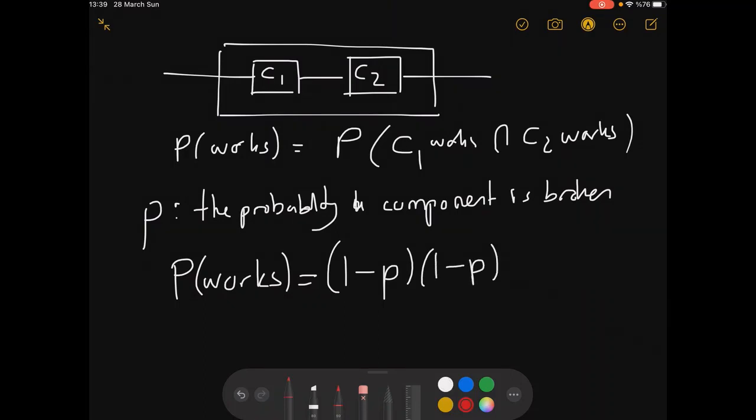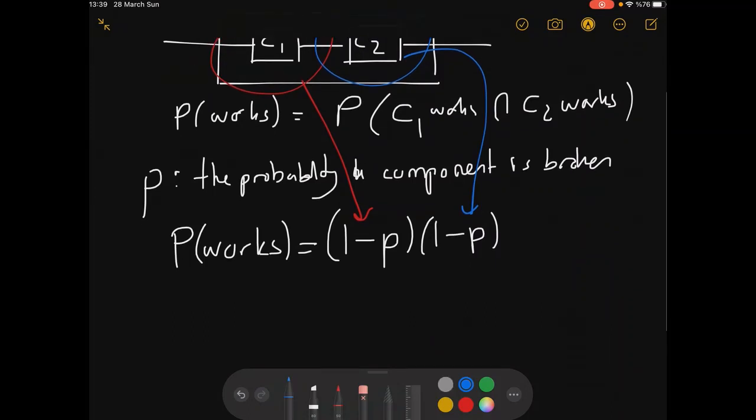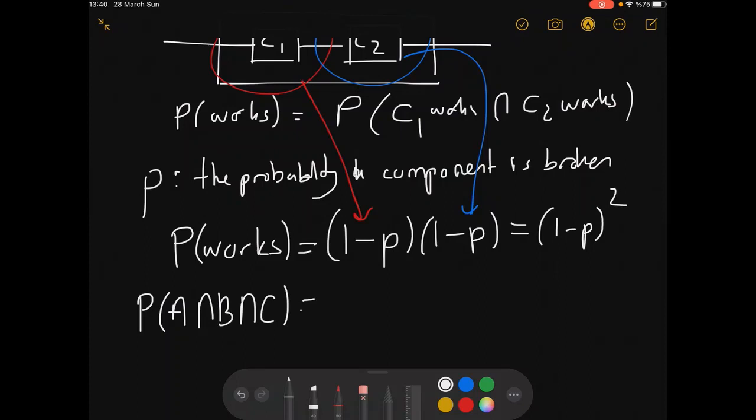So not being broken, this is for C1 and this is for C2 here, and the result will be, not surprisingly, (1 minus p) squared. You can generalize this for more than 2 events, like this. The probability of A intersection B intersection C should be the probability of A times the probability of B times the probability of C. All right. So that's the idea.